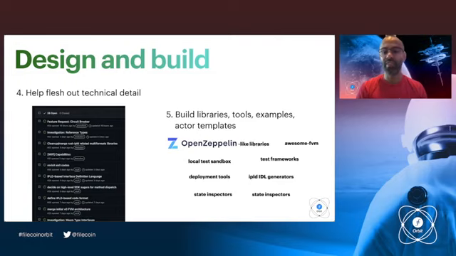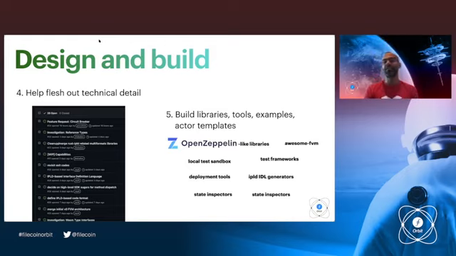And of course, one thing that we'd love people to start doing is to start thinking about the use cases that they want to build. And thinking as well about those base libraries and tools and examples and actor templates that are going to make life easy for everybody in the ecosystem.